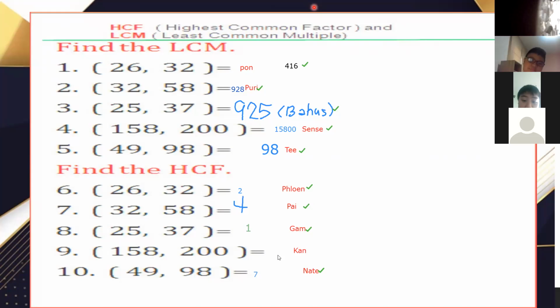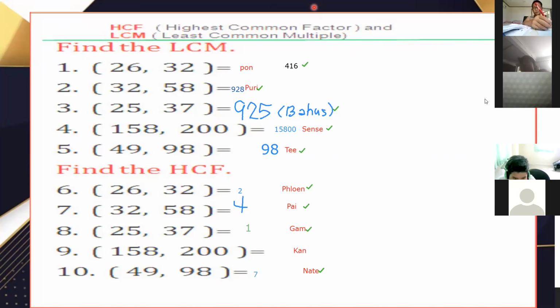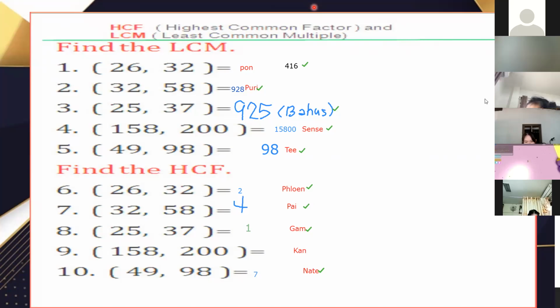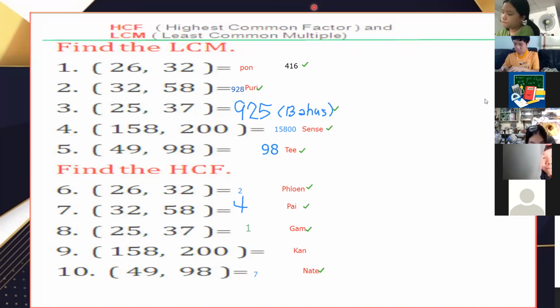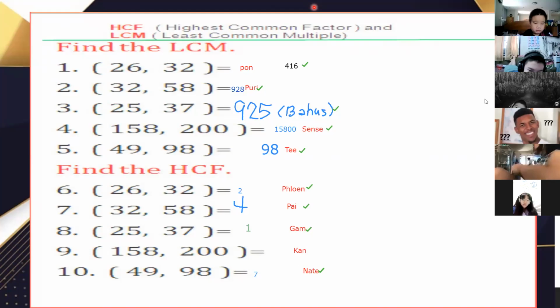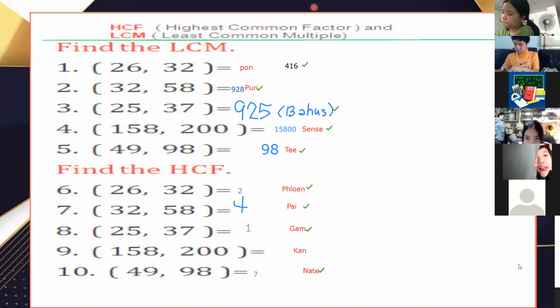Wait, teacher, wait. Number 3. Tires. The tires will not pass to the outside. Ah, it's too big.